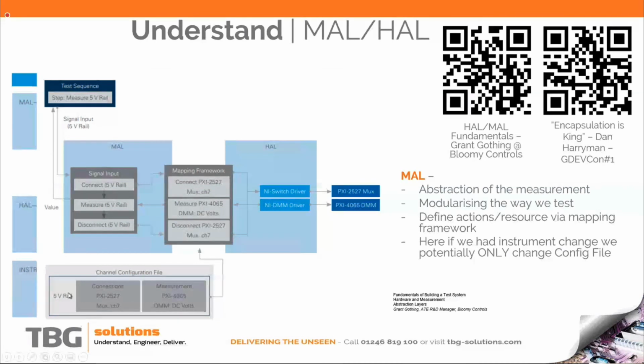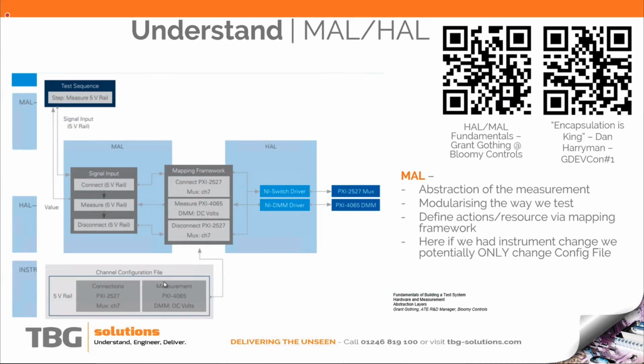You can see down at the bottom the configuration file that we've got saved. It has an entry within it called 5-volt rail, which is basically all the information related to anything with the 5-volt rail. There are some connections with a PXI MUX card, and there are some measurements with an NI DMM card as well. It's got the acquisition type, DC volts in this case.